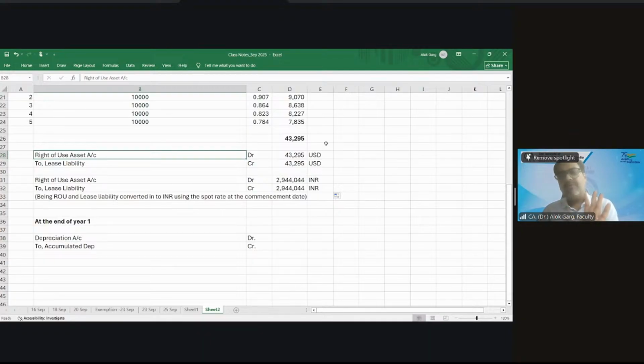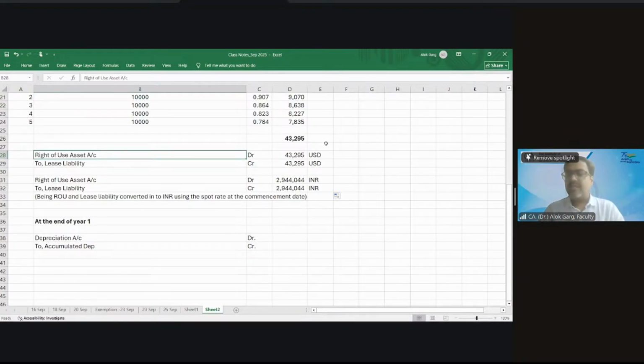So that iPhone will be there in the books of accounts at $10,000 multiplied by 80 only. But to that foreign supplier, you have to pay $10,000. And on the reporting date, the exchange rate becomes 81. The dollar becomes stronger and rupee becomes cheaper. So now you have to restate this liability, because when you are going to settle, you have to pay $10,000 multiplied by 81. Yes or no?